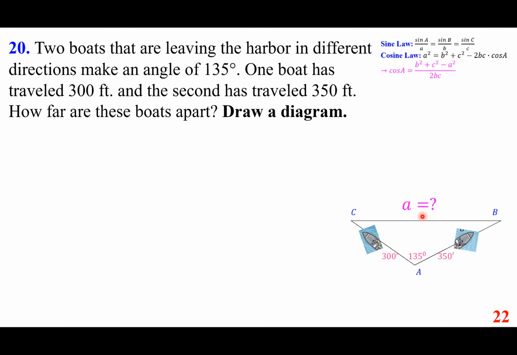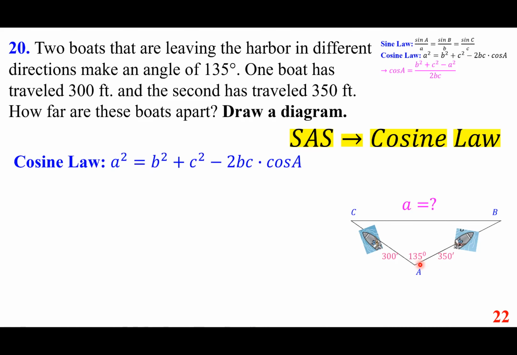So we can use the cosine law. A squared is B squared plus C squared minus 2BC cosine A. By the way, side, angle, side, the included angle is given. That's why you use this cosine law.